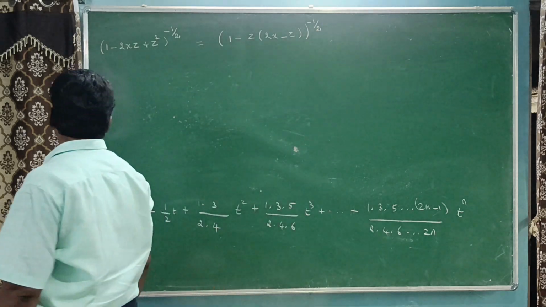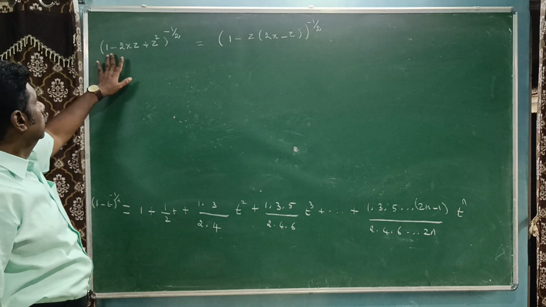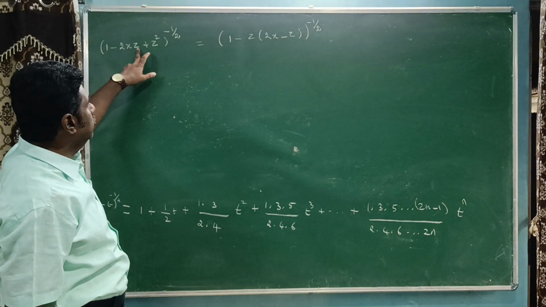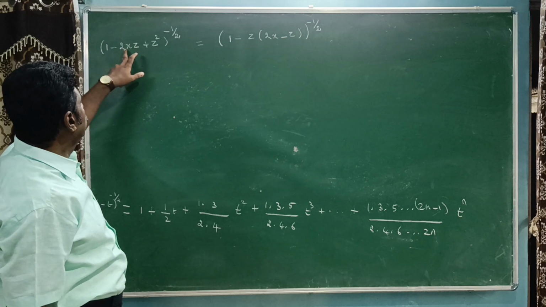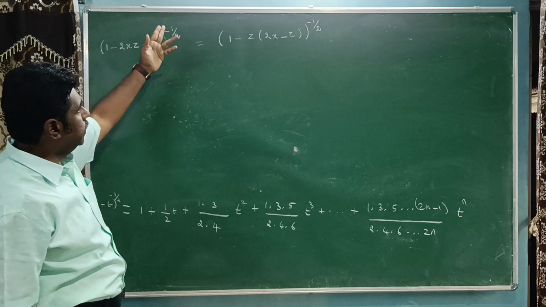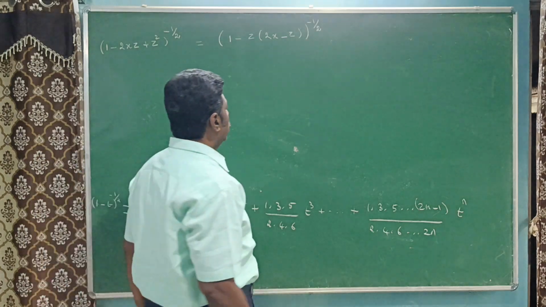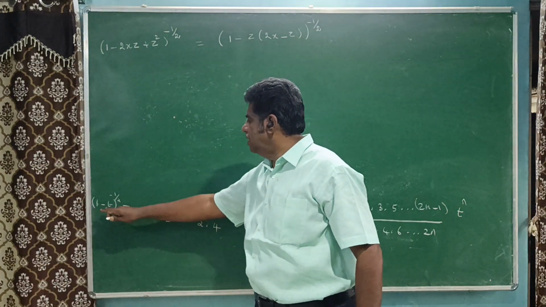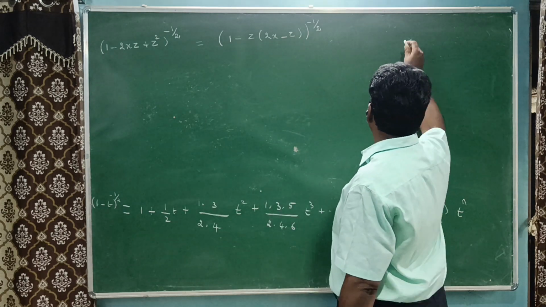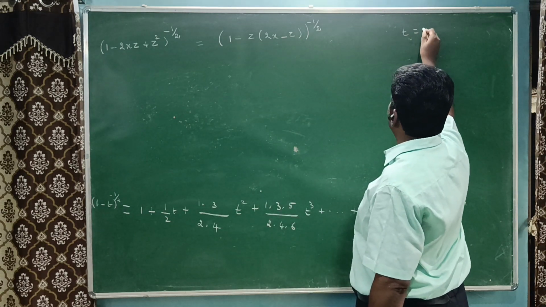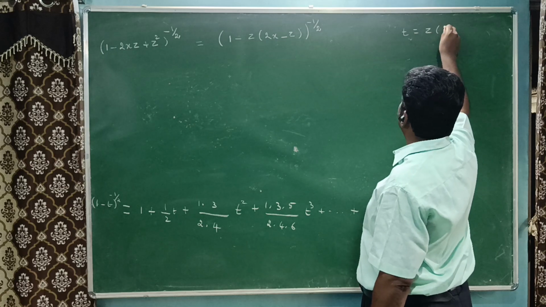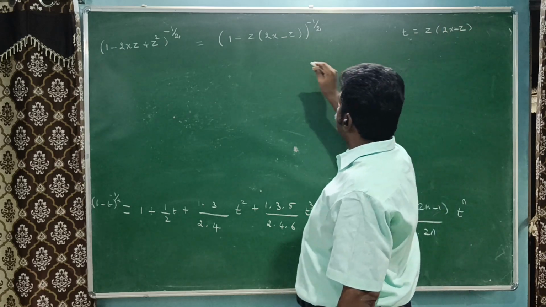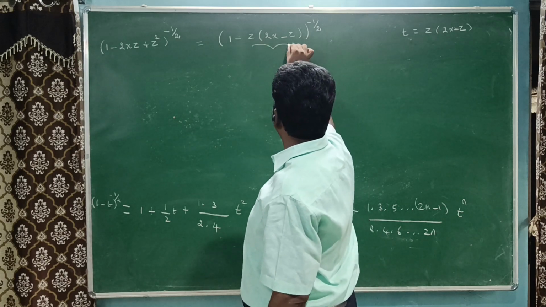See here, I have written the 1 as such. I have just taken out minus z outside. The rest of the terms are (2x minus z) entire power minus half. Now we have to expand this equation in this form using the (1 minus t) to the power minus half logic. Therefore, t equals z into (2x minus z). This is the value of t. This is our t.